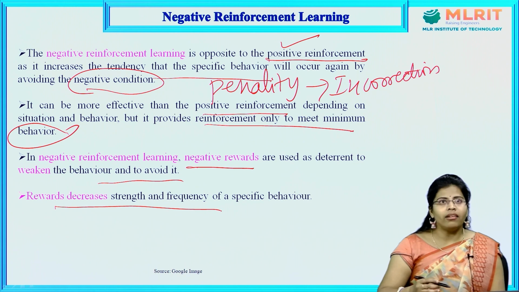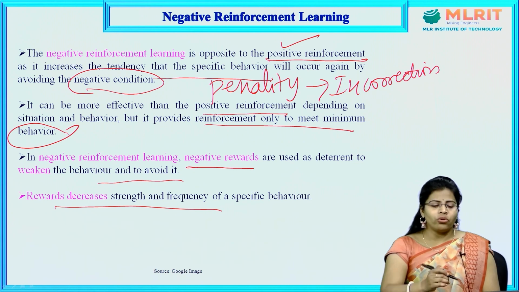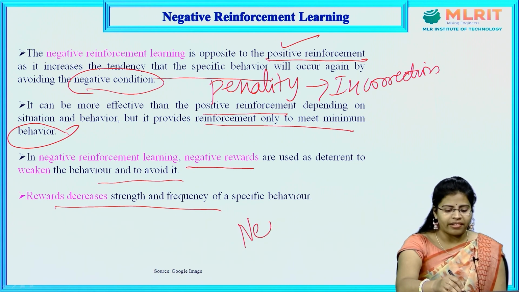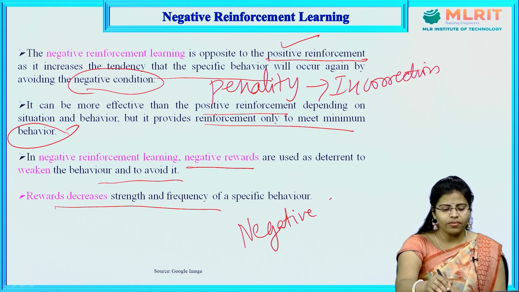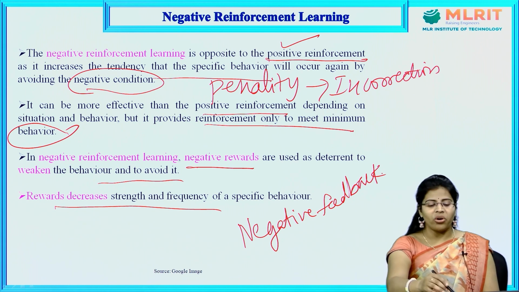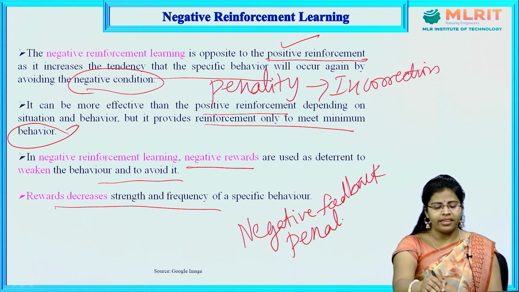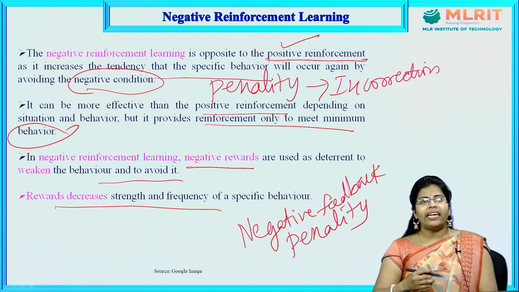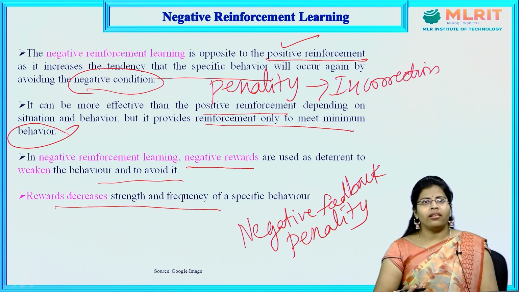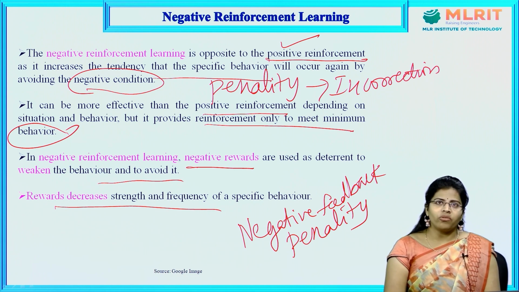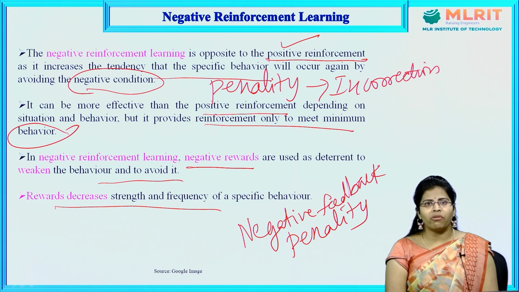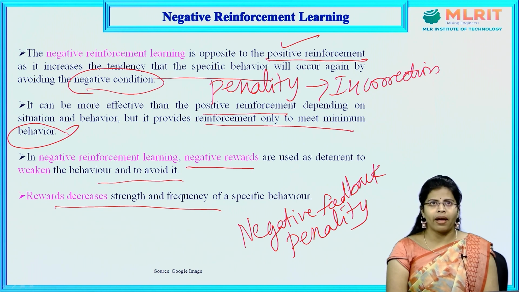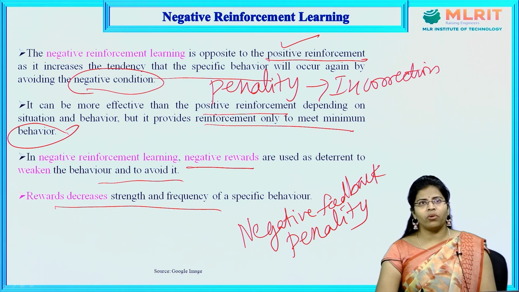Here we are going to get negative feedback, or we can also call it a penalty for each incorrect option. So negative reinforcement learning works in the form of penalties or negative feedback. This is known as negative reinforcement learning.